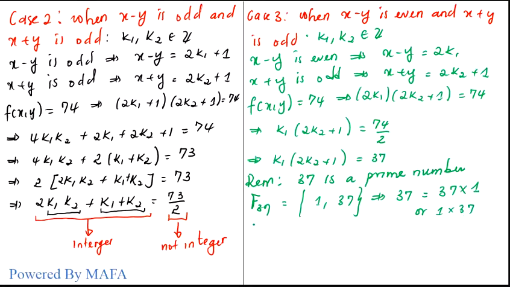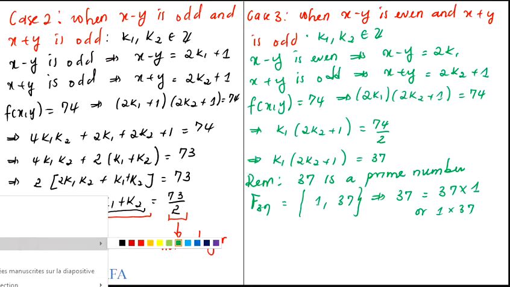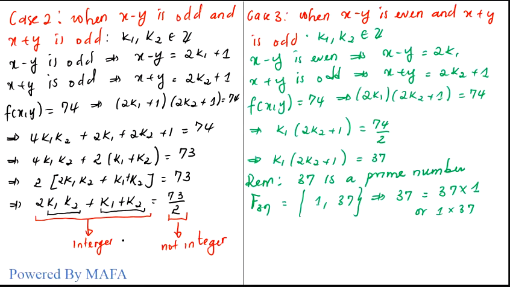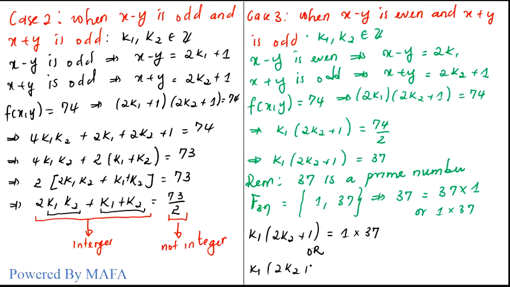So in this case we are going to deduce something. k1 times 2k2 plus 1 will definitely be equal to 1 times 37, or k1 times 2k2 plus 1 will be equal to 37 times 1. So now in this case we can see two things.